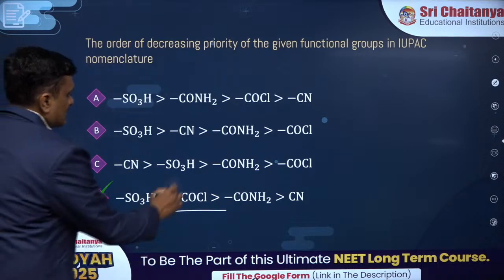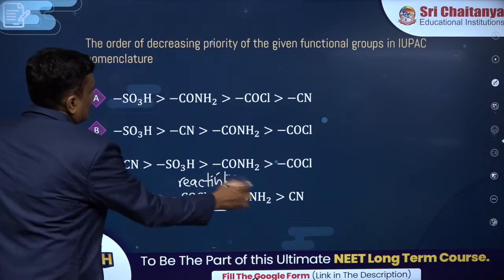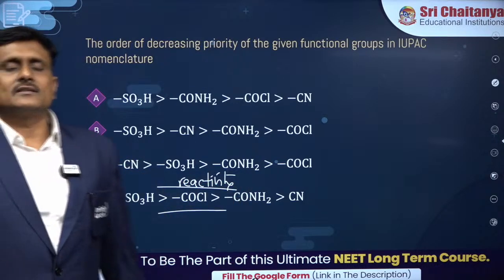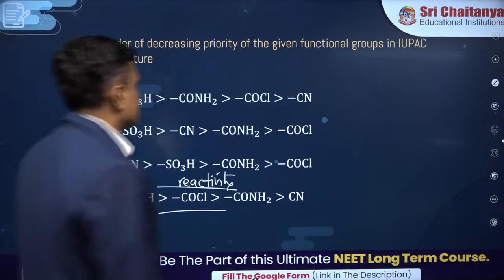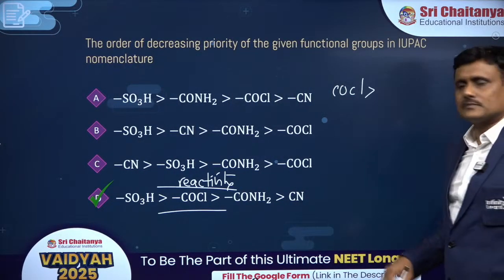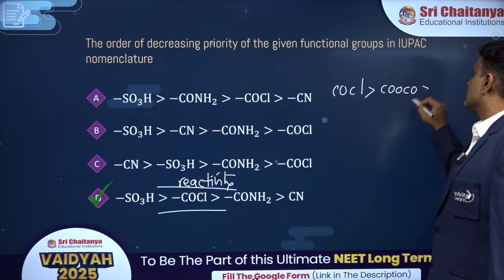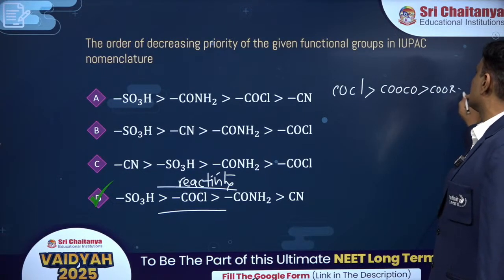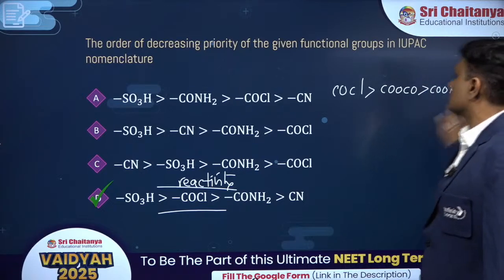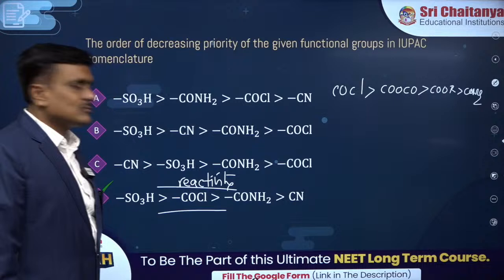It is purely based on reactivity. Reactivity of acid halide is greater among all the derivatives of carboxylic acid, isn't it? Acid halides, then comes anhydrides, then esters, and then amides, right? This is the reactivity order. So accordingly you have to remember acid halides are higher than amides.